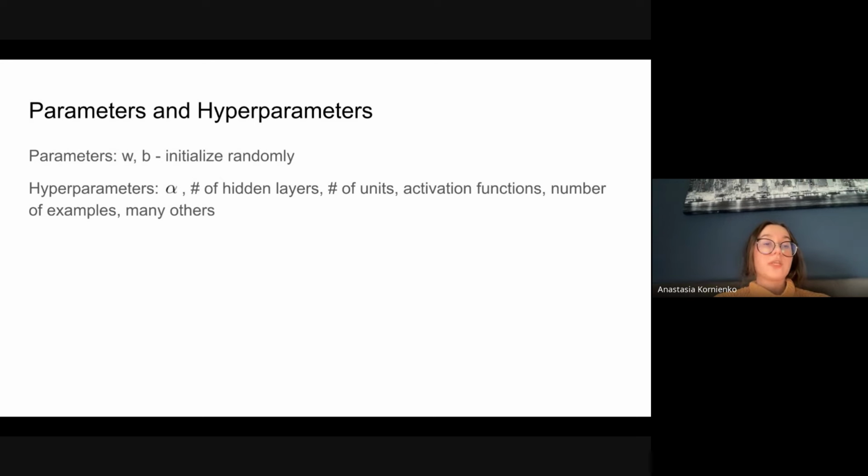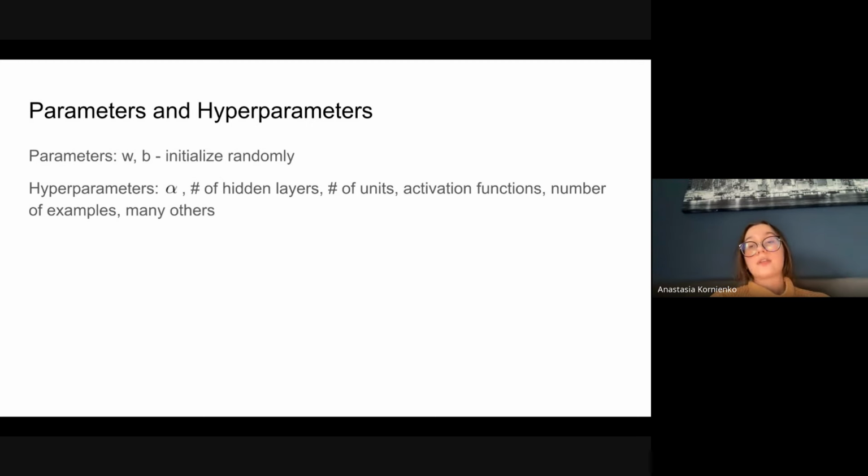What we can set is hyperparameters. It's alpha, the learning rate, the length of the step that will be taken. The next one is the number of hidden layers, how many layers the neural network will have, and the number of units, how many units each layer will have.